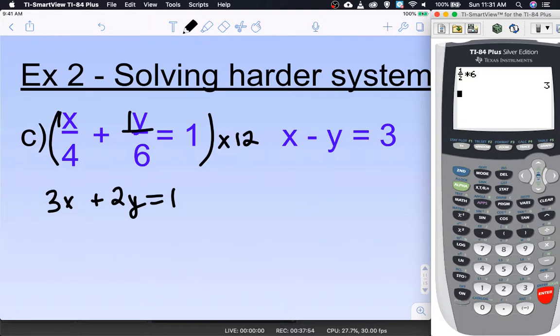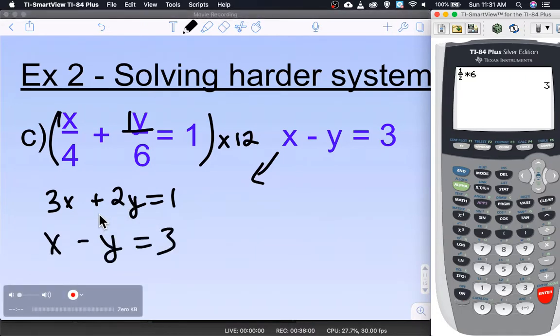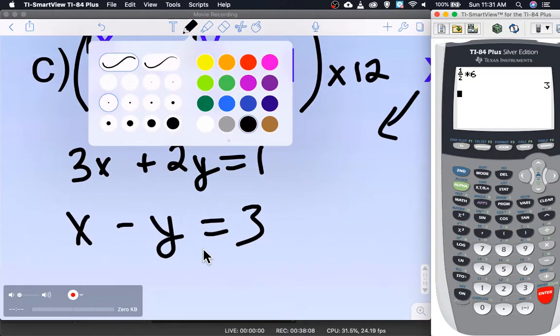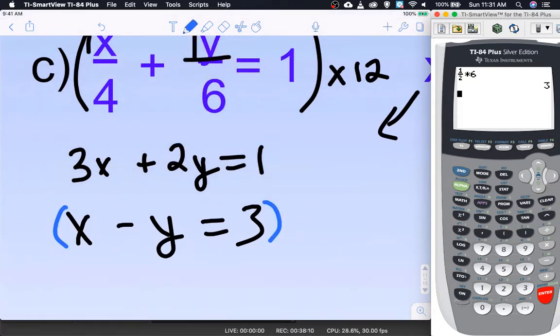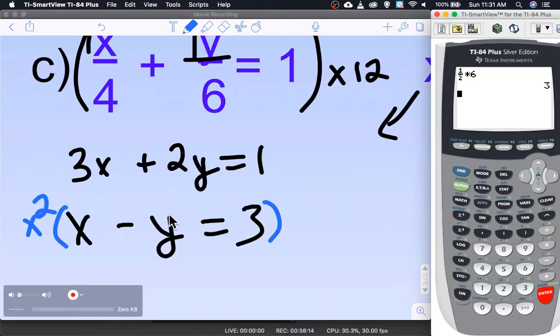So to make these equations eliminate, I'm going to just copy this guy down here. x minus y equals 3. I'm looking at my equations. This is set up for elimination. x's are lined up, y's are lined up, equals, everything's lined up. And I can easily multiply my bottom equation times 2 to make my y's eliminate. I have a positive 2.